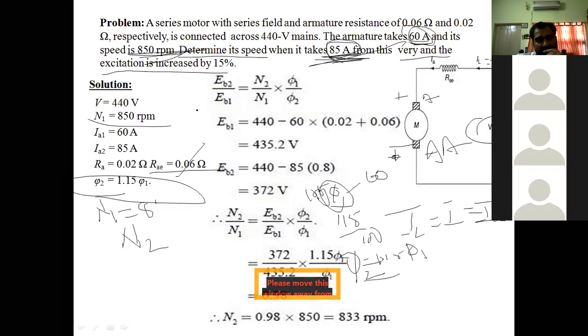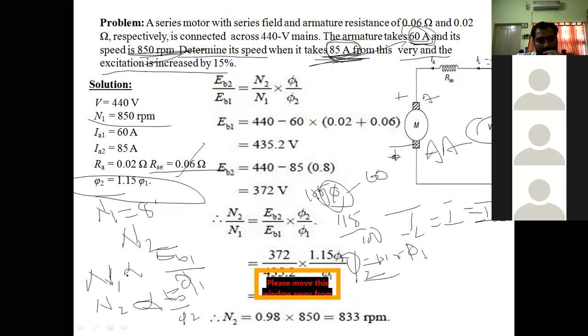So here the same relationship applies: N is directly proportional to EB and inversely proportional to flux. If you calculate EB1 at the speed N1, it is proportional to EB1 by phi 1. If you calculate the speed N2, it is proportional to EB2 by phi 2.